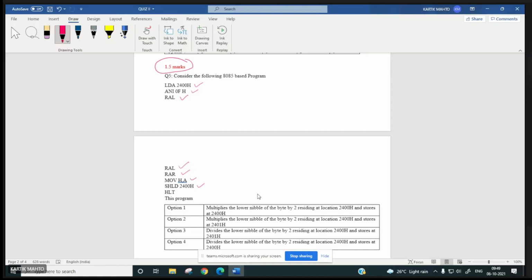So the lower nibble is actually multiplied by 2 and is stored at 2401H.